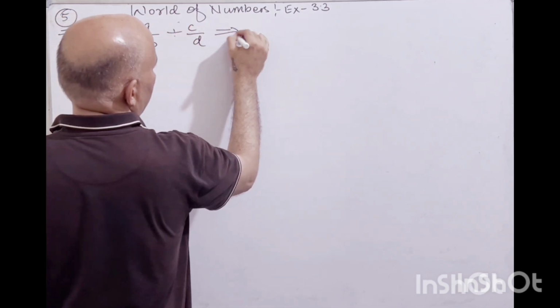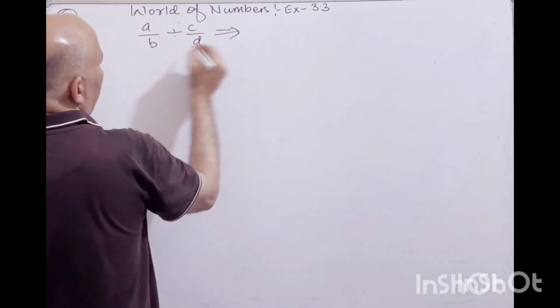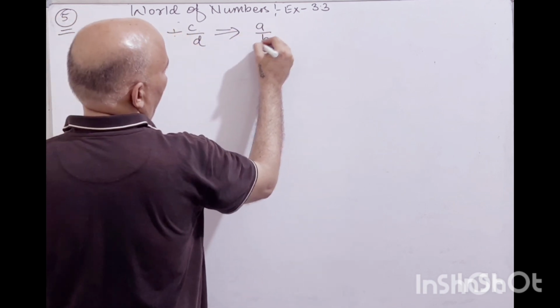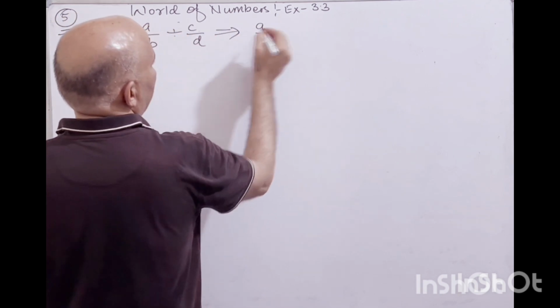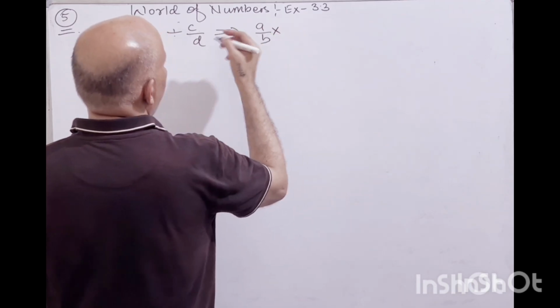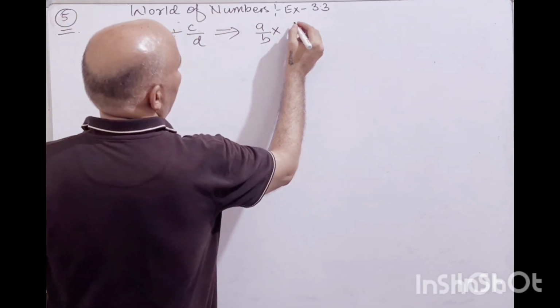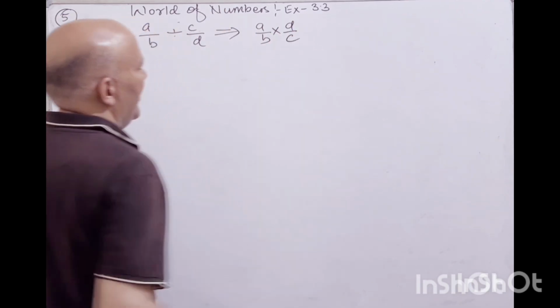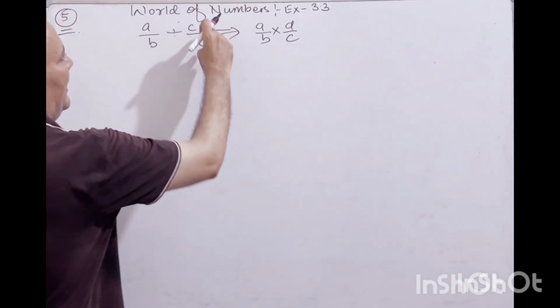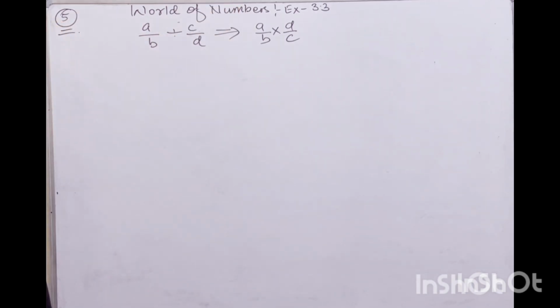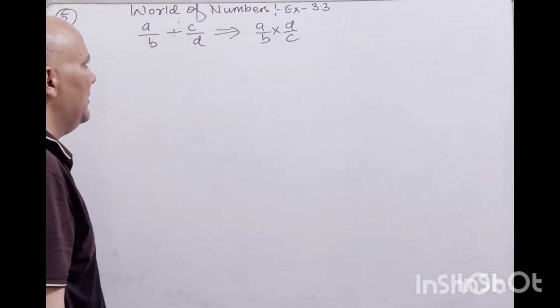A upon B will remain the same, and this one will change its position to D upon C. They swap: instead of C, D will take its place and C will come down.